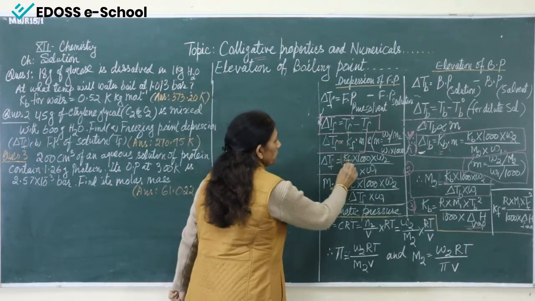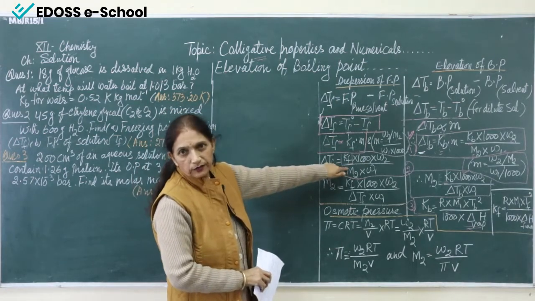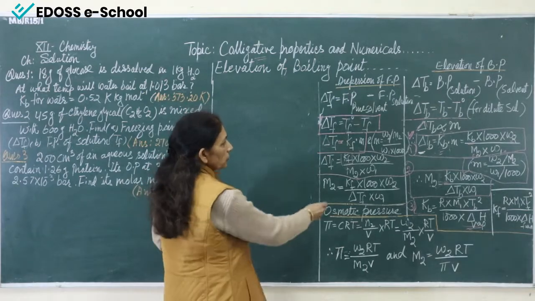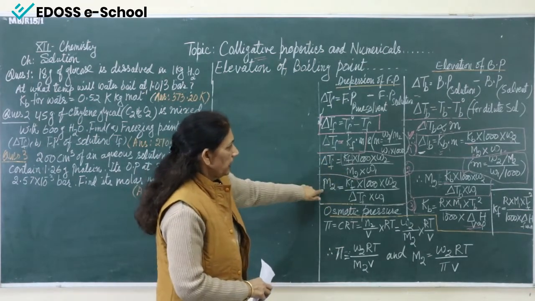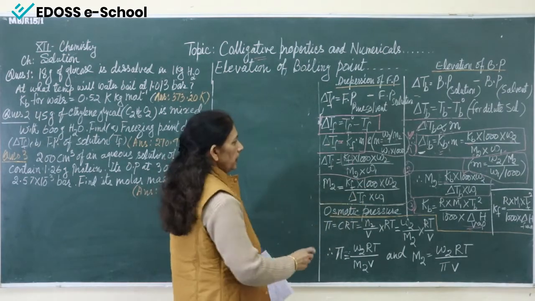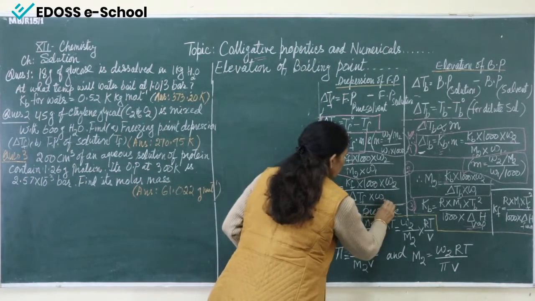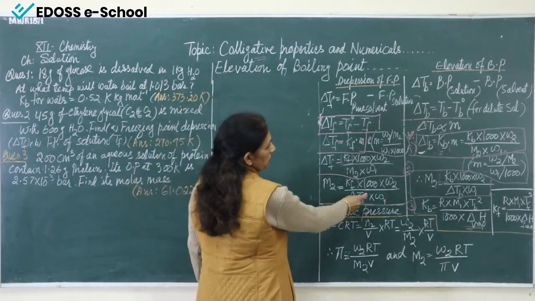This KF is a constant, the freezing point depression constant. In the same way we can find M2: M2 will be KF into 1000 into W2 upon delta TF into W1. Remember, 1 is solvent and 2 is solute. This much you have to keep in mind.